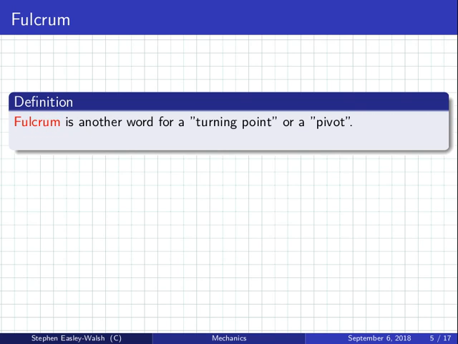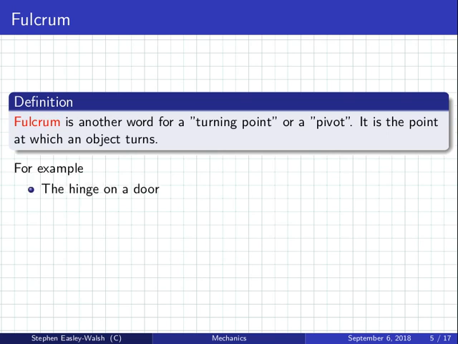And what do you think a turning point or a fulcrum or a pivot is? If you think about the word turning point, what do you think I'm trying to describe? It's the point where the object turns. So, for example, the hinge on a door, that's called a fulcrum, or a turning point, or a pivot.